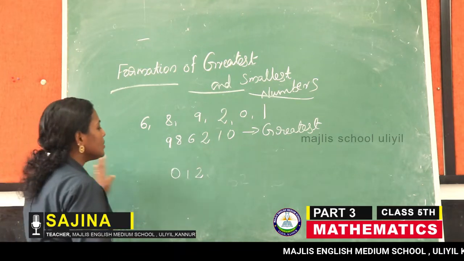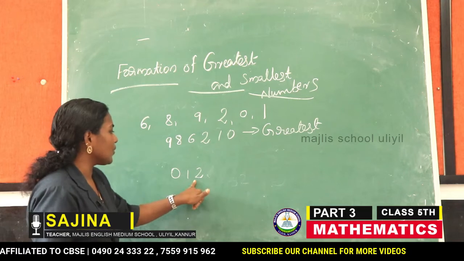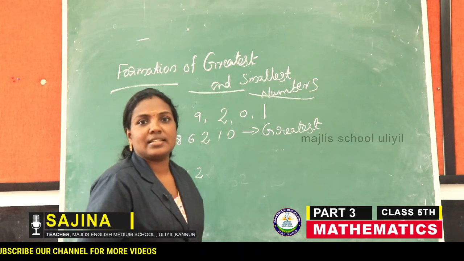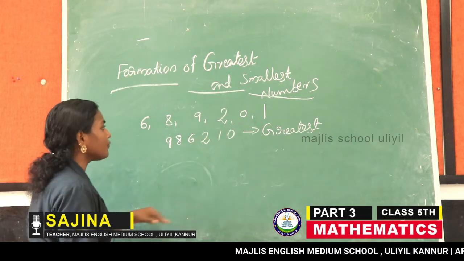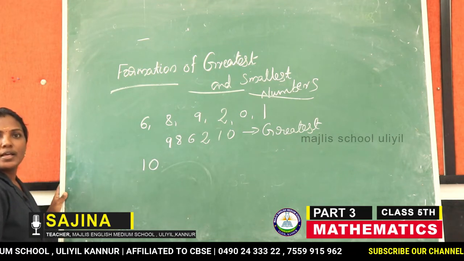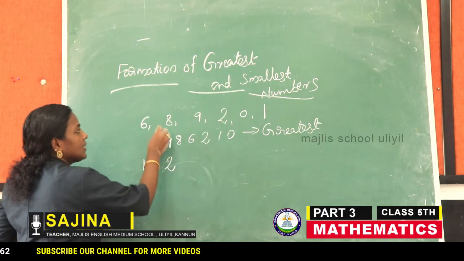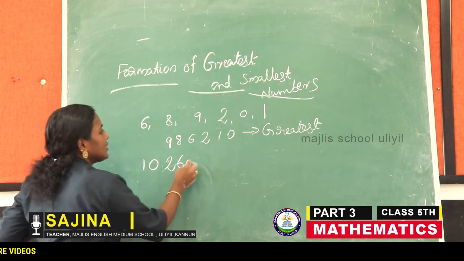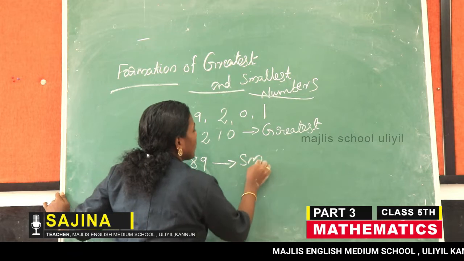No. So, we put 0 as the second digit. Next, smallest digit is 1. Therefore, first we write 1, then write 0. Next, smallest is 2. Next, 6. Next, 8 and 9. This is the smallest number.